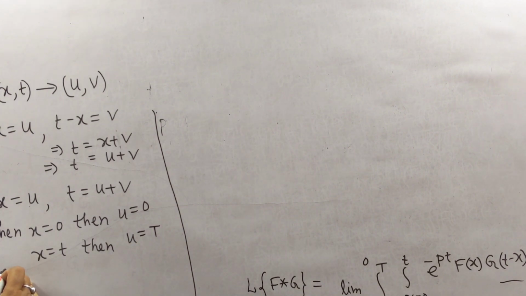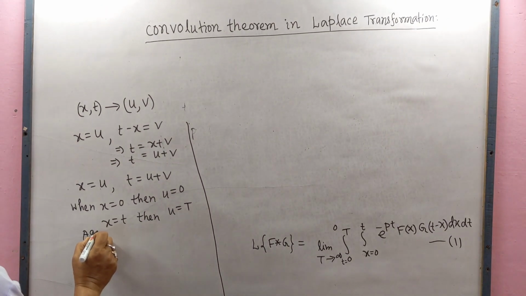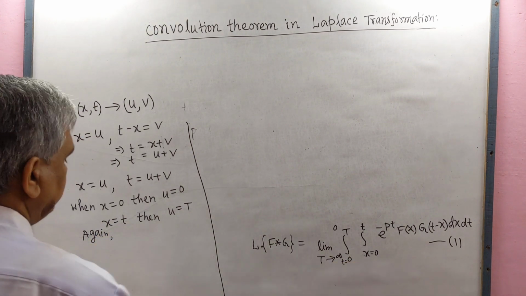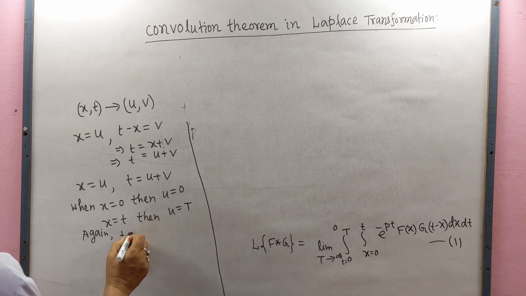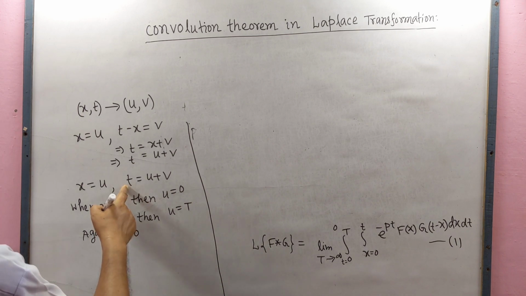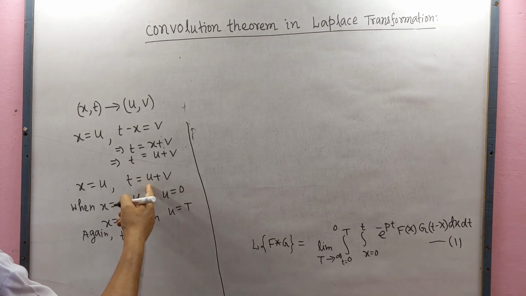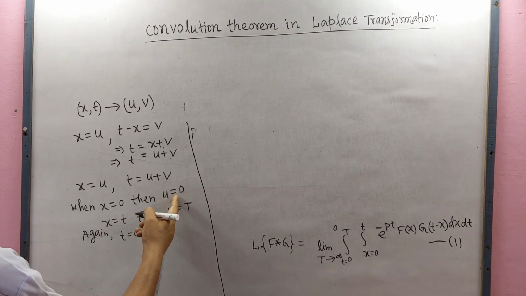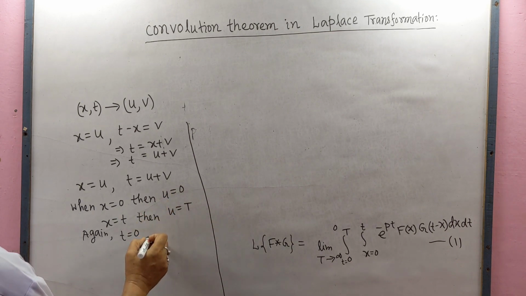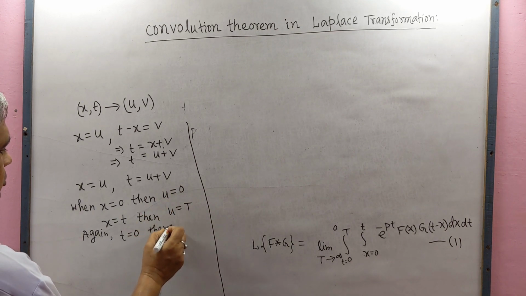Again, when t equal to 0 and u equal to 0 initially, then v equal to 0.